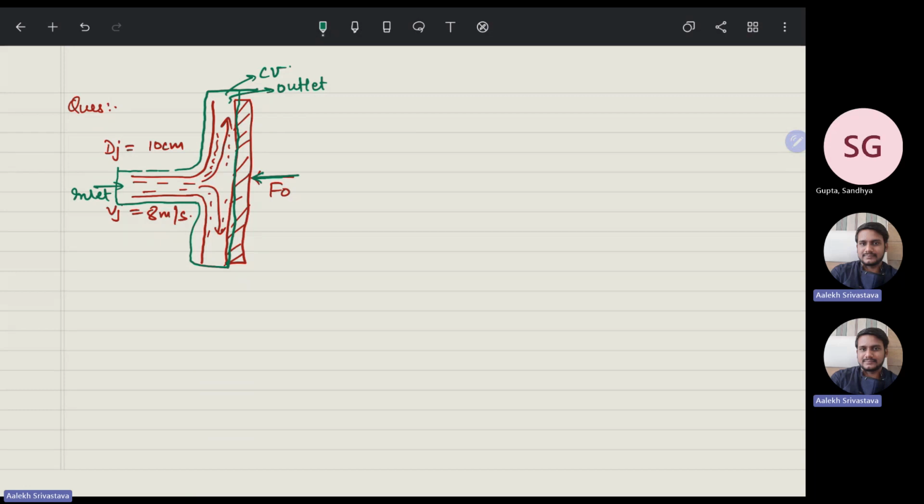This is a simple question. If I draw the control volume, it looks something like that, and the assumption is inviscid flow. So here is the inlet and here is the outlet.